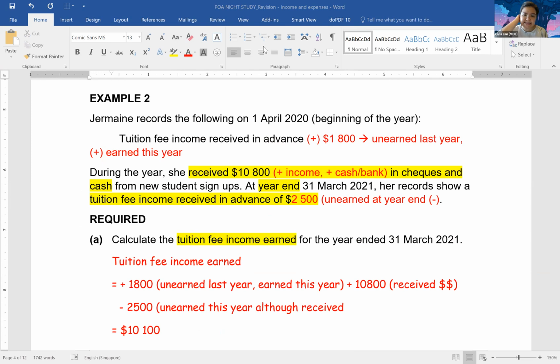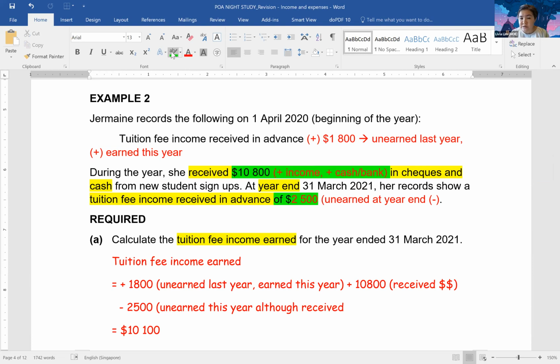Okay, Zhiyuan understands it now. I never include that. Zhiyuan, I never include the 2,500. I actually deducted it away. You know why I deduct it away, Zhiyuan? Because during the year, I received $10,800, which I am going to highlight in green. But out of this $10,800, actually $2,500 is unearned. I never earned it.